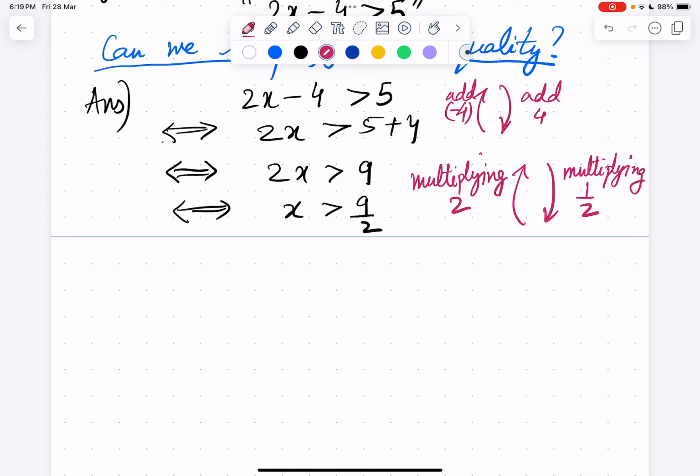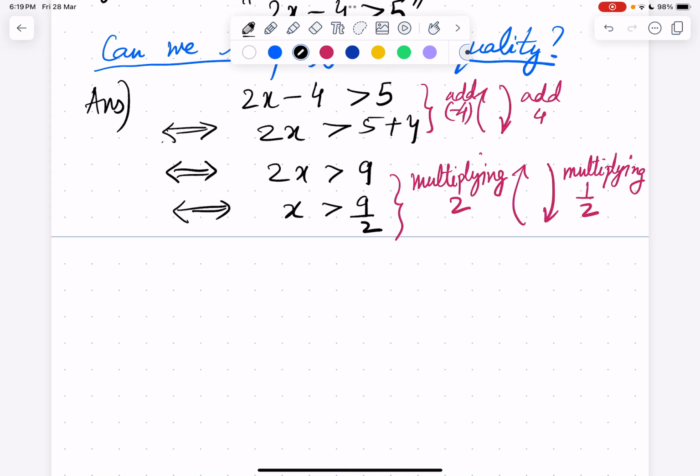From the top inequality to get to the bottom inequality we can multiply both sides by half. From the bottom inequality to get to the top inequality we can multiply both sides by 2. Hence this equivalence holds. I'll write this equivalence is because of this, and this equivalence is because of this.